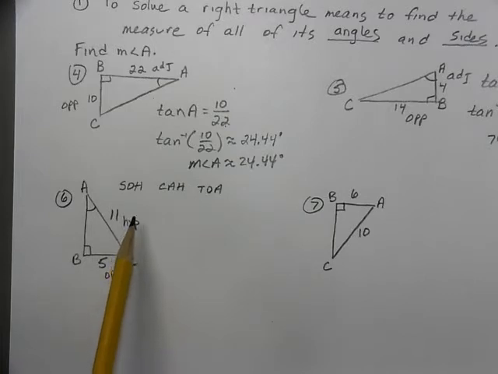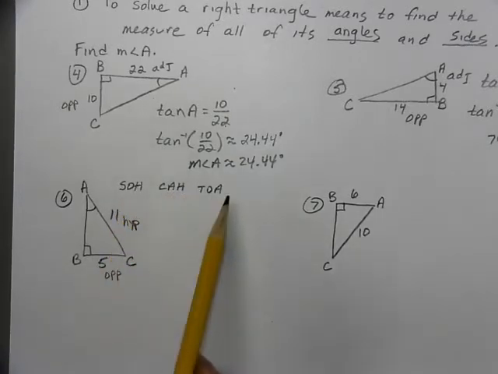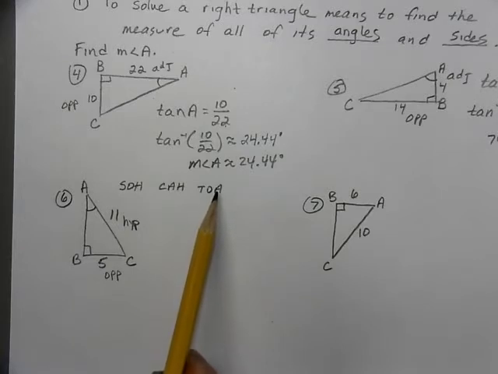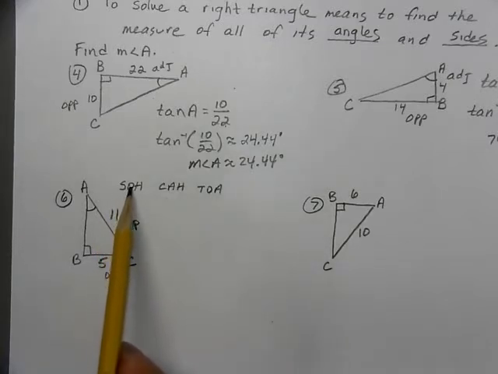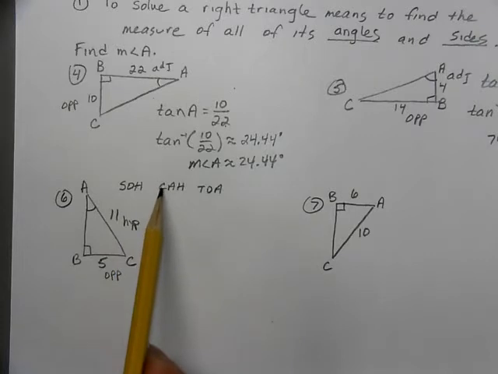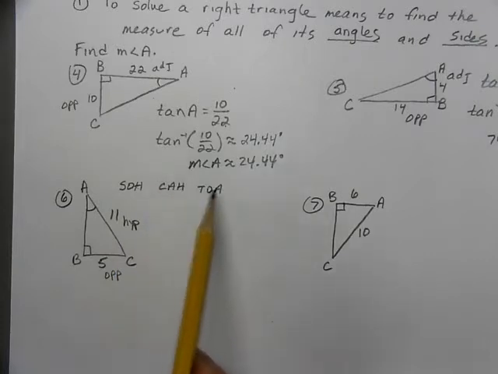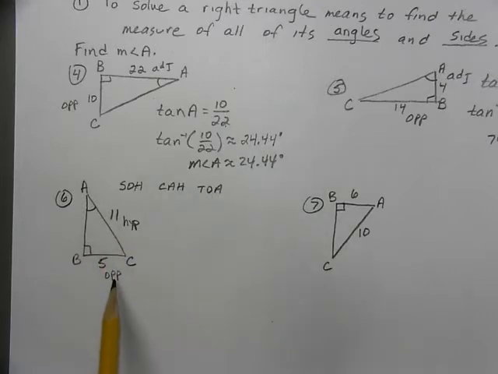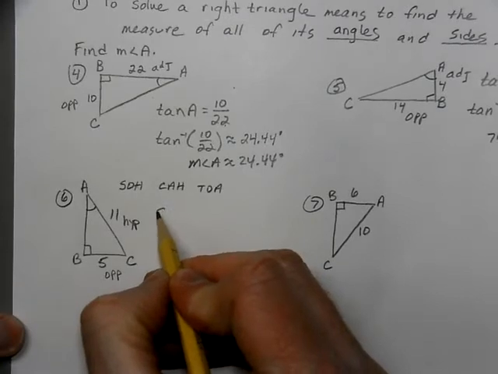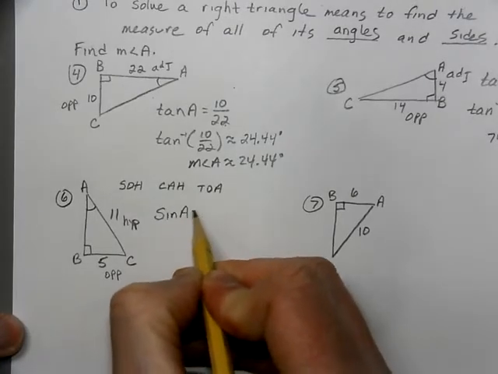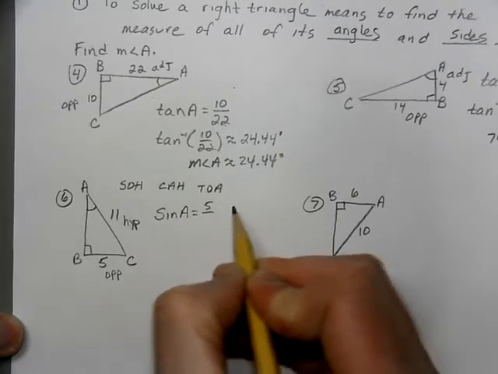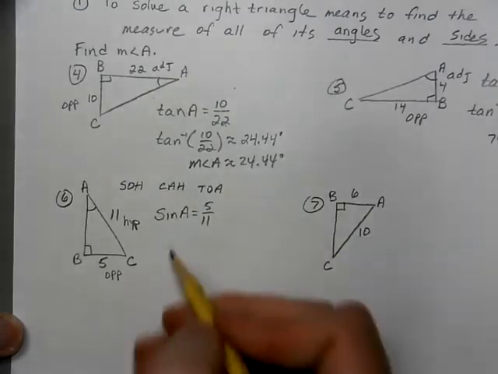So opposite and hypotenuse, the O and H. We have SOH, CAH, TOA. So sine is opposite over hypotenuse. Cosine is adjacent over hypotenuse. Tangent is opposite over adjacent. So we're dealing with the opposite and hypotenuse, so we're going to use sine. So sine of A equals the opposite side over the hypotenuse.